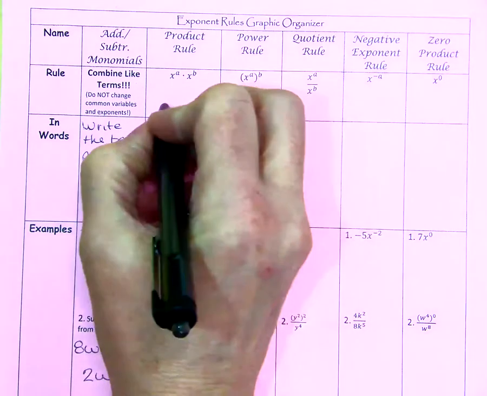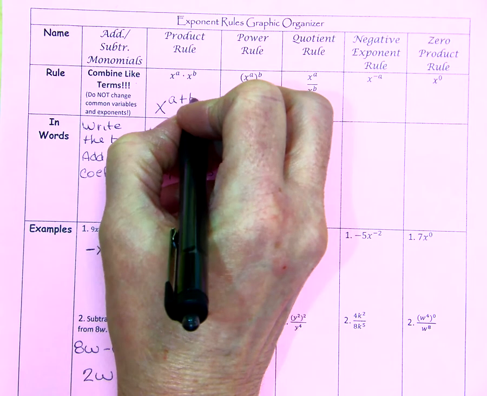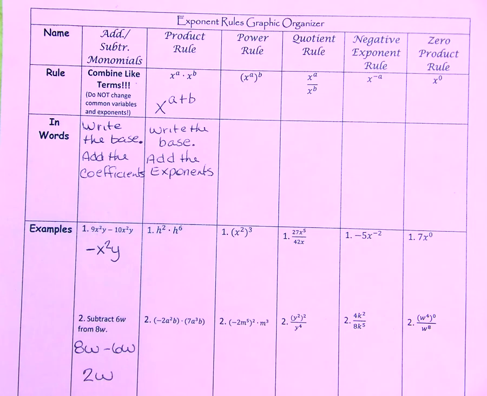So in our rule, that is going to be x being raised to the a plus b power. So x to the a times x to the b is equal to x raised to the sum a plus b, adding the exponents, keeping the base, strictly adding the exponents.